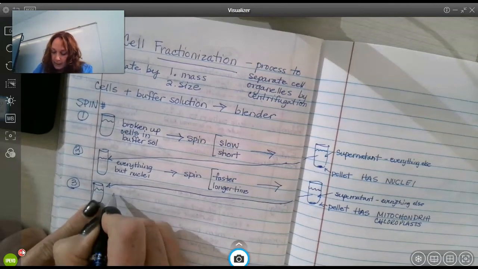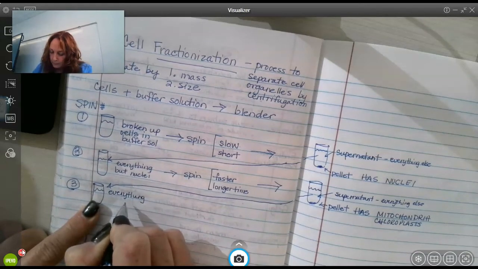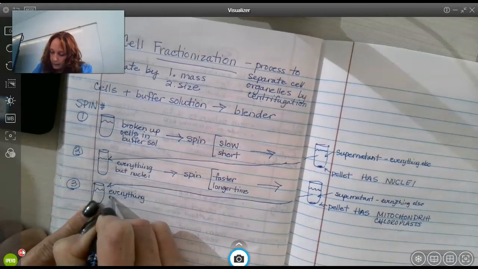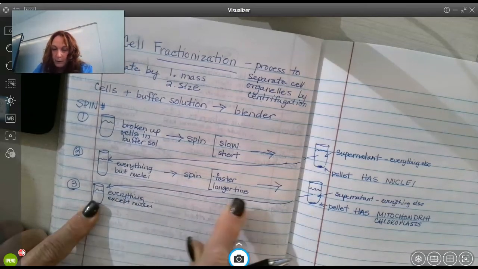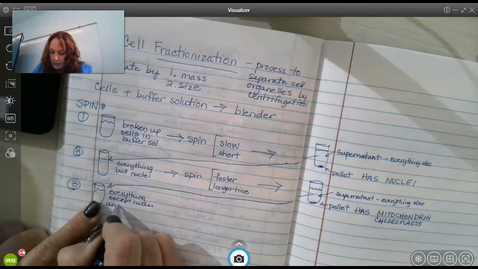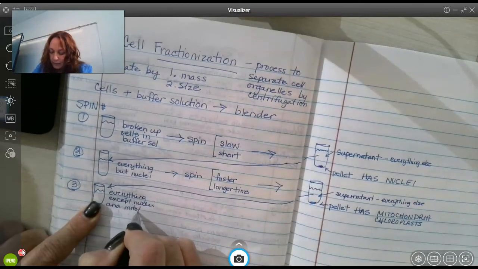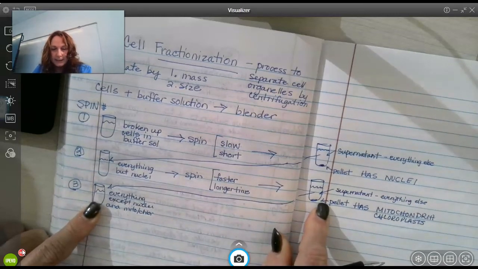It's everything in here now except the nuclei. Those were thrown down in the first spin. And it doesn't have the mitochondria or the chloroplasts. Those were thrown down in the second spin.